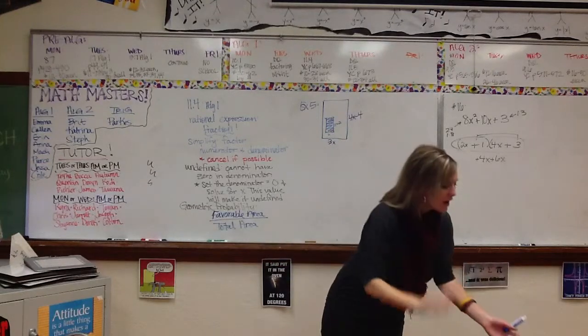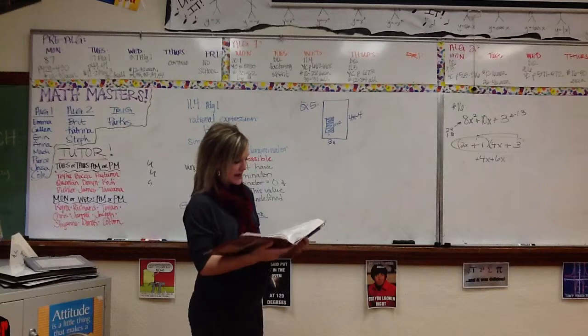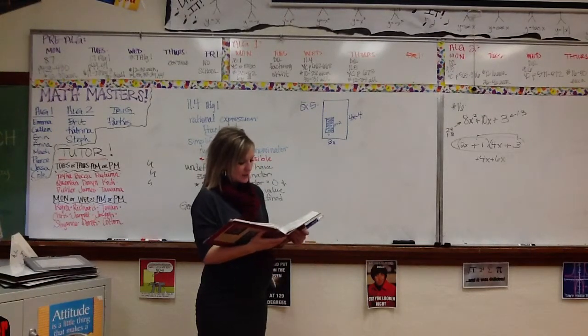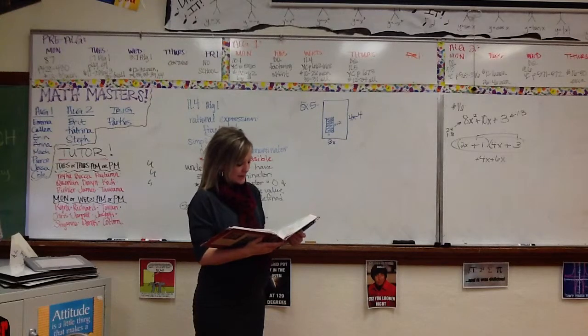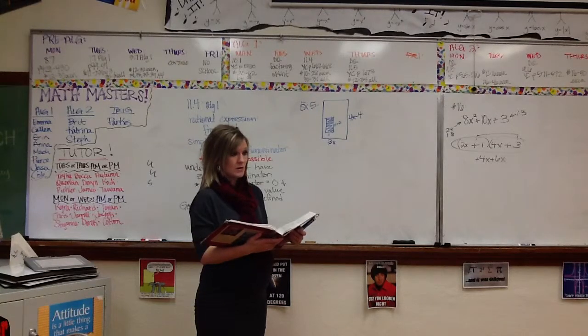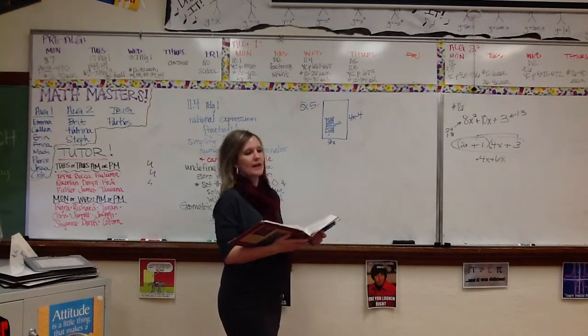It says, a coin is tossed onto the larger rectangular region shown at the right. It is equally likely to land on any point in that region. The first part says, write a model equation that gives the probability that the coin will land in the small rectangle.